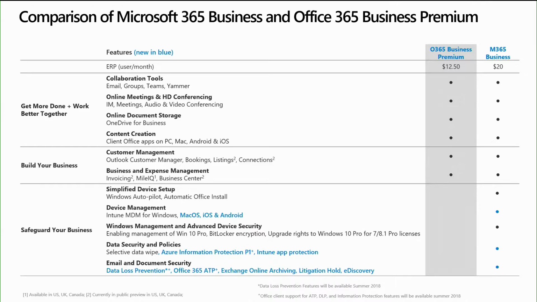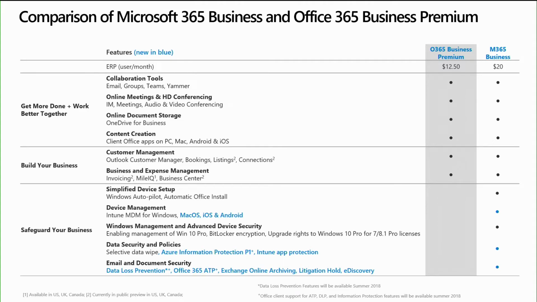We've enabled security capabilities to deal with external threats like Office 365 ATP and Windows Exploit Guard. But we also have capabilities to help you safeguard your data. So you get data loss prevention capabilities in Microsoft 365 Business, and you get Azure Information Protection as well. Azure Information Protection helps you put rights management capabilities and permissions on your data, like, for example, do not forward, do not copy.